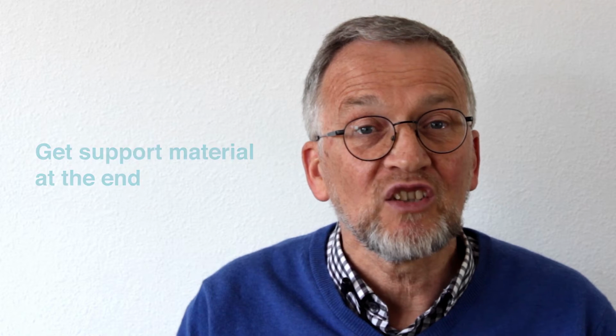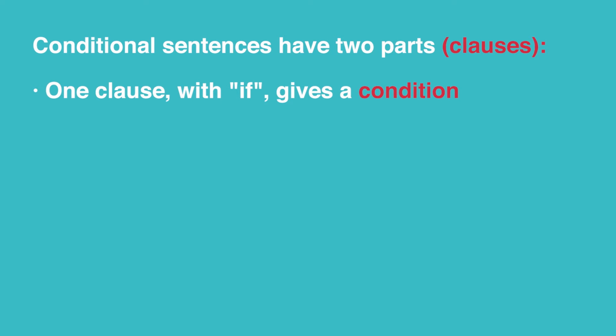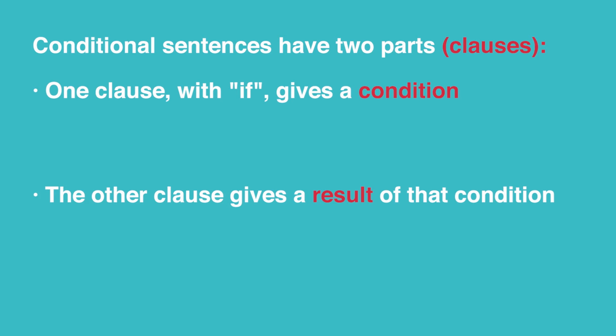Okay, let's get started. Normally, conditional sentences have two parts, which are called clauses. One clause, which usually starts with if, gives a condition. The other clause gives us a result if that condition is true or false.